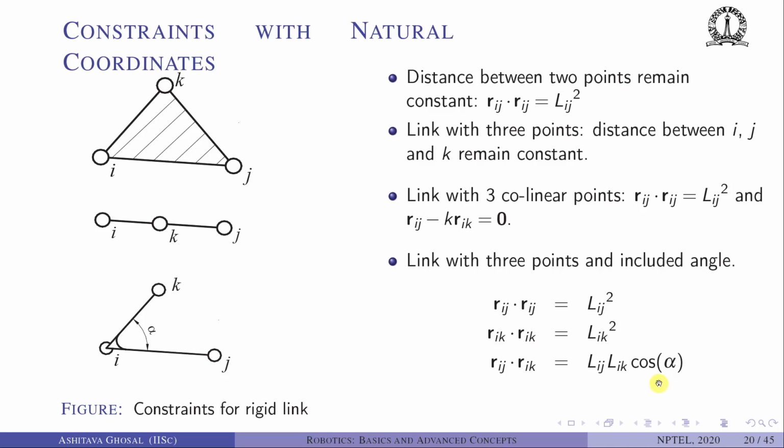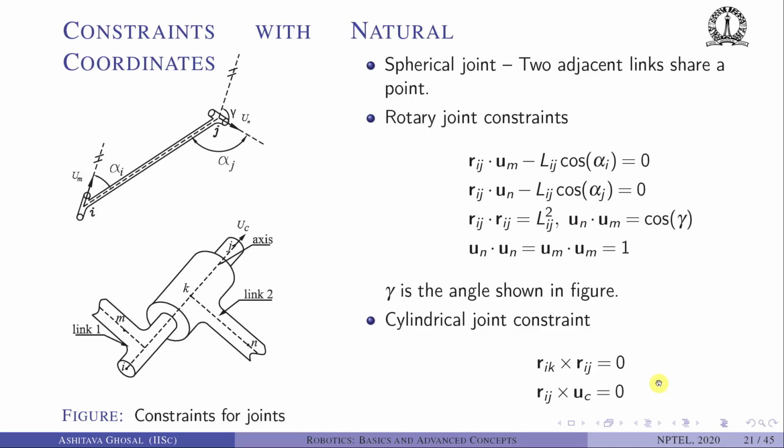It is nothing but the dot product formula. If you have a spherical joint, 2 adjacent links share a point. So the distance between the 2 adjacent links is 0. They share 1 point.